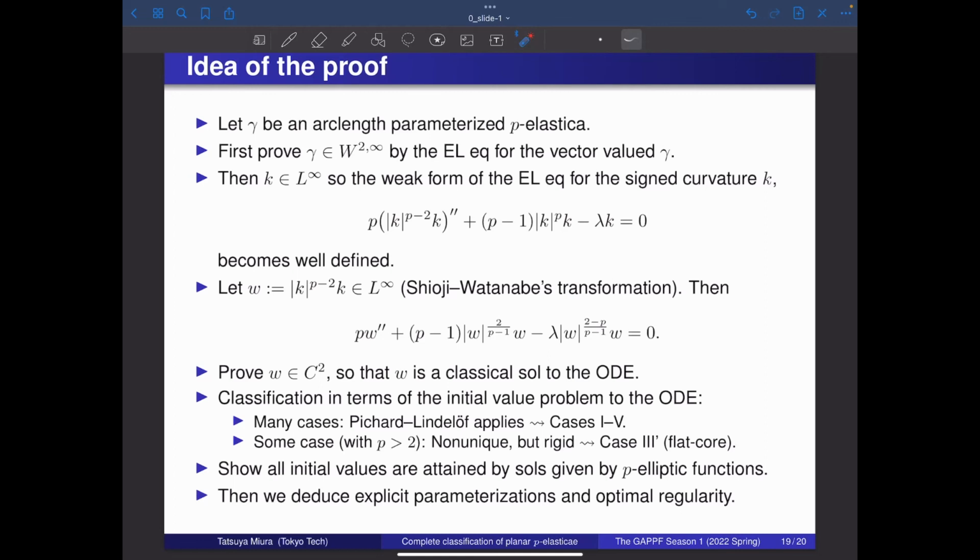By using this representation, we can obtain the full explicit formulae of all planar p-elasticae. Also, the optimal regularity is obtained by investigating precisely the regularity of p-elliptic functions, because the curvature of any p-elastica is now shown to be exactly given by p-elliptic functions. So the regularity are directly related.